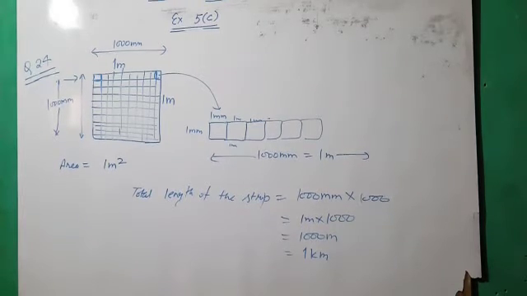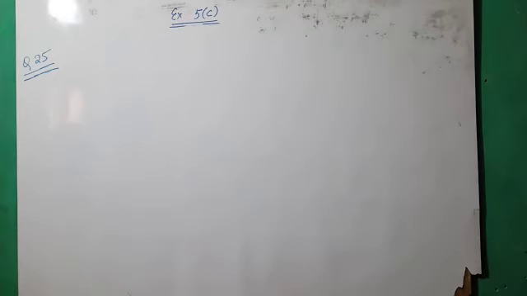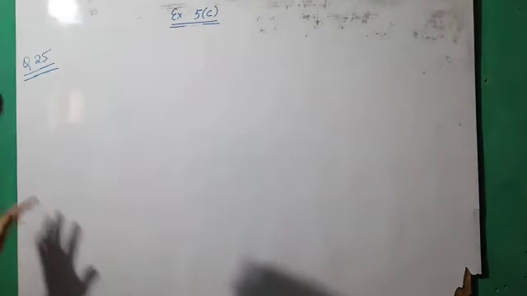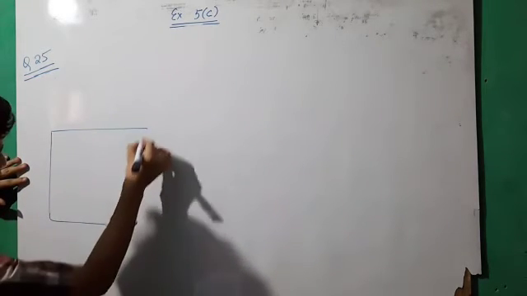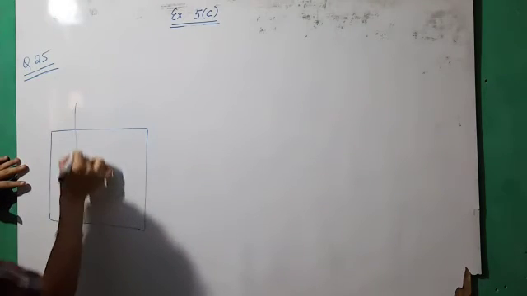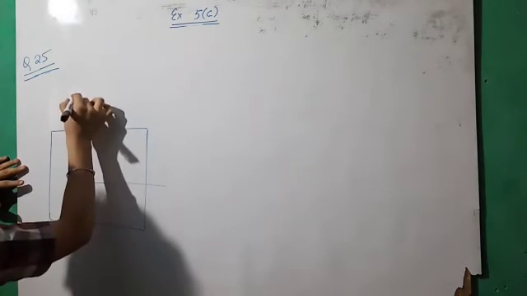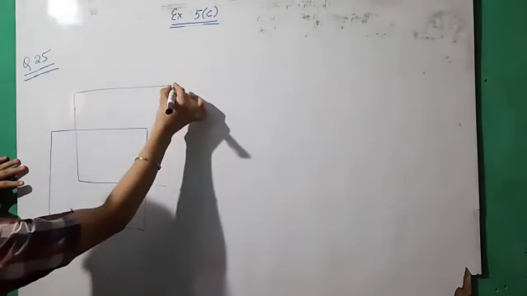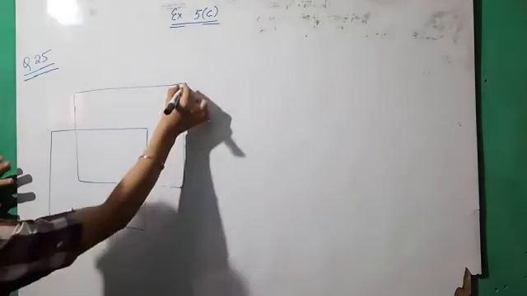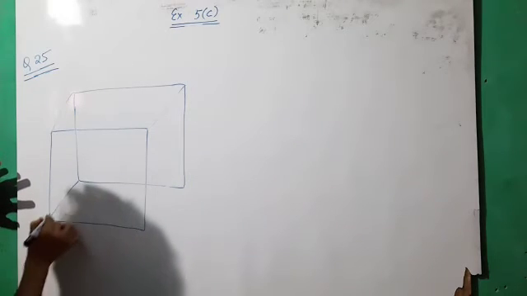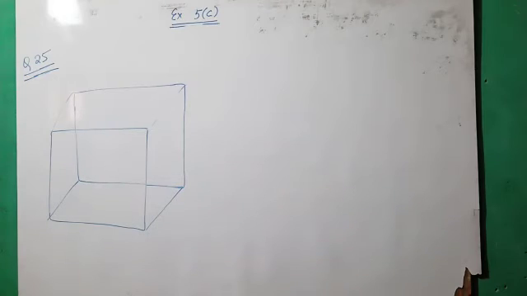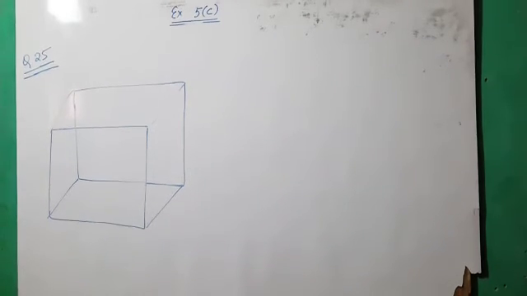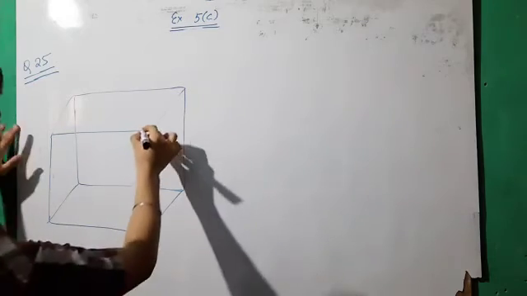Question number 25, again based on the concept of cubes. We have a cube with side 1 meter, and we have to cut this cube into cubes of side 1 mm.